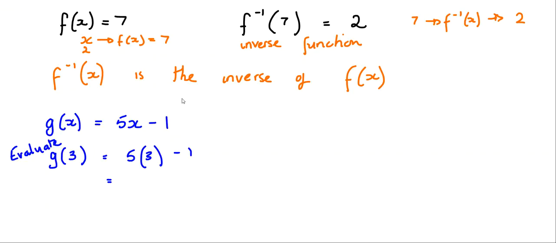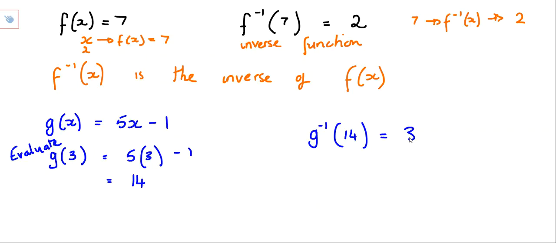So 15 minus 1 is 14. How do we write something using our inverse function notation then? g to negative 1 bracket 14? Yep, spot on. Well done.